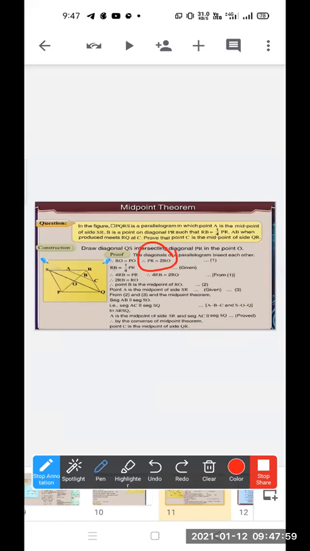Dividing by 2 on both sides, we get 2 RB is equal to RO.